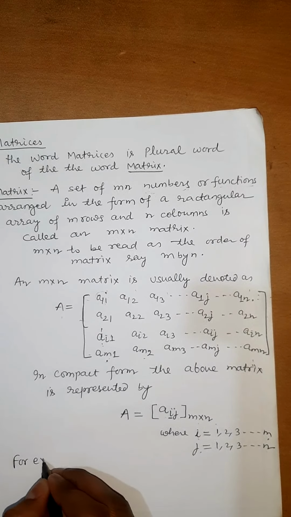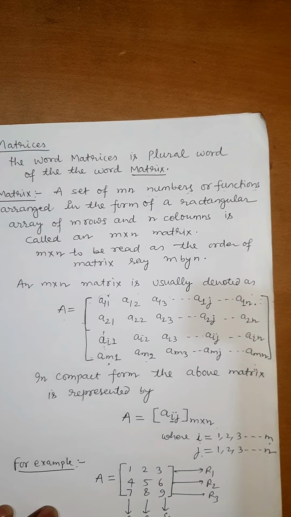So there are 3 rows and 3 columns in this matrix. First row is denoted by R1 and second row is denoted by R2 and third row is denoted by R3. First row has been represented by R1, the second row by R2 and the third row by R3.